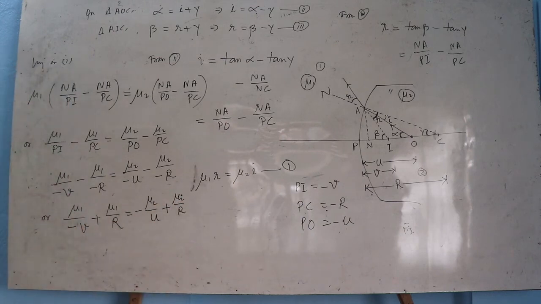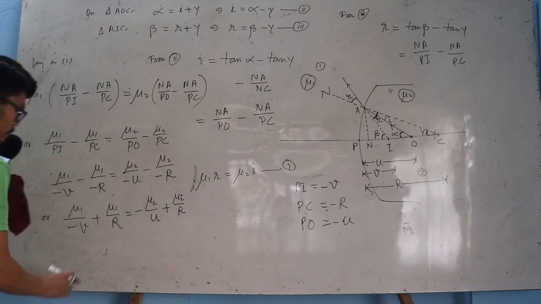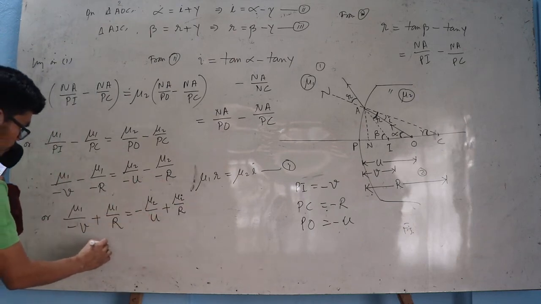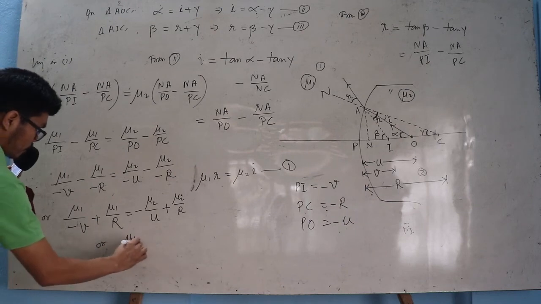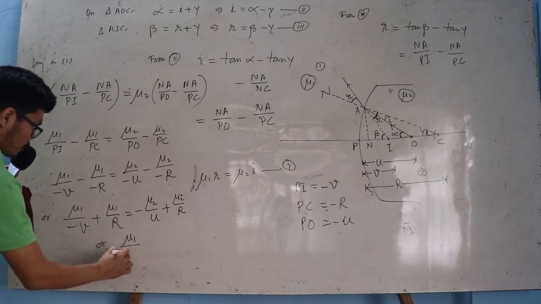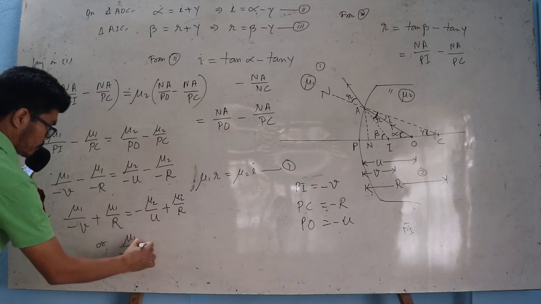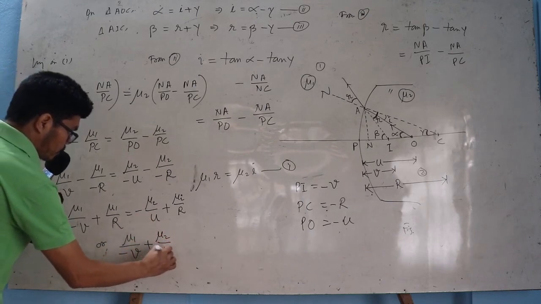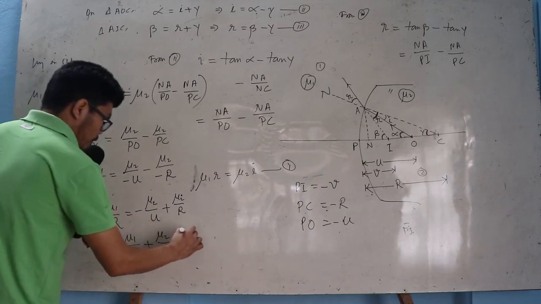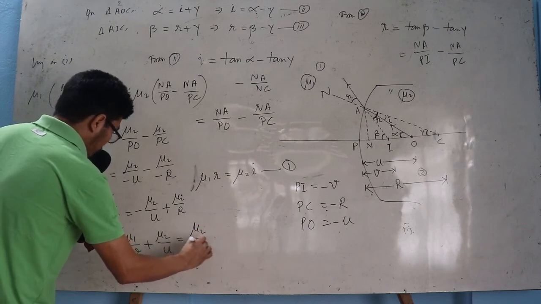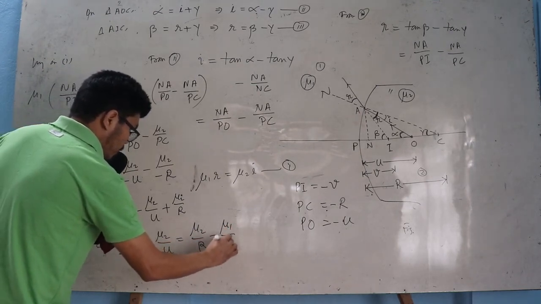Then let us rearrange it. We'll transfer it on the right side, and this one will bring in the left side. So you have mu1 by minus V plus mu2 by U. This is equal to mu2 by R minus mu1 by R here.